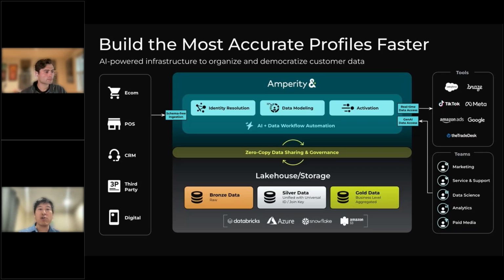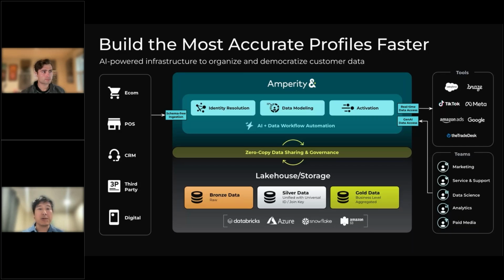Once data is in or shared with Amperity, our ML-powered identity resolution then helps you unify customer profiles and maintain an identity keychain of all those profiles so it's ready for use in any particular use case. Then our platform helps you quickly build attributes and predictive models so you can easily build your customer 360 and get an accurate view of your customers.